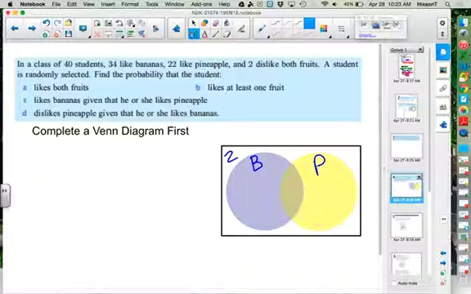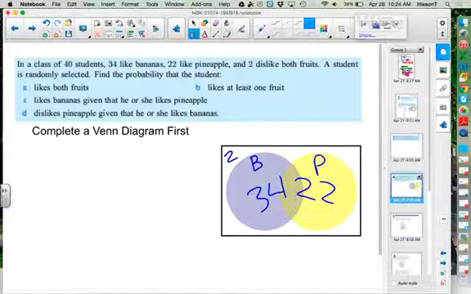The problem is, at this point, we need to figure out how many are in the intersection, because this whole circle has to be 34 people, and this whole circle has to be 22 people, but if you add those up, we're getting 58 people instead of the 40 that we should.